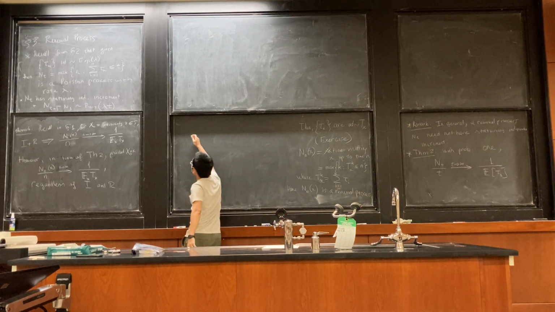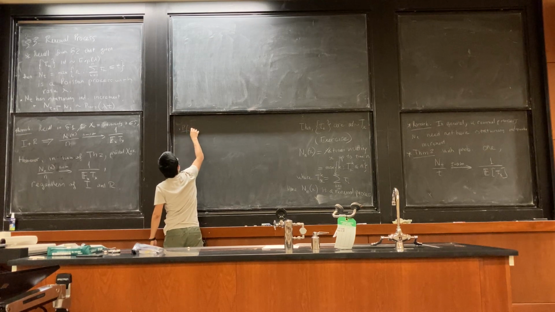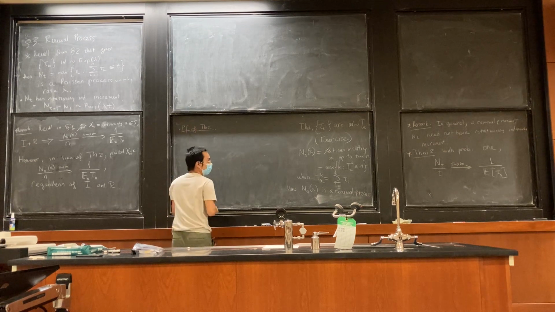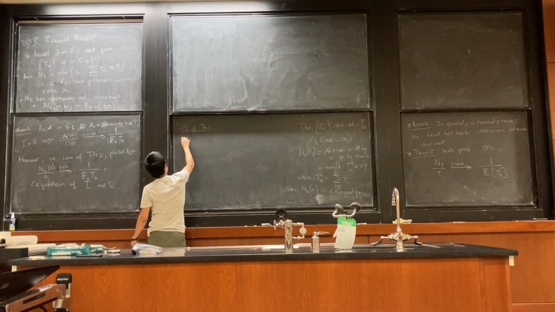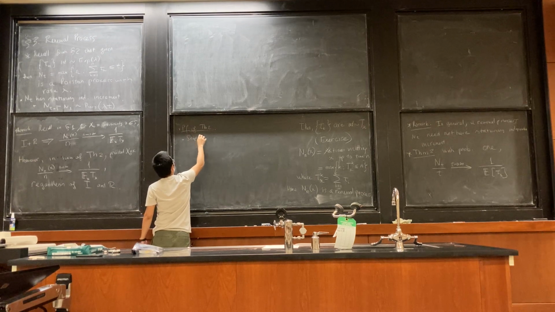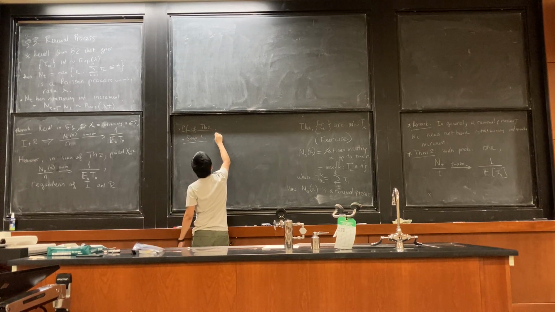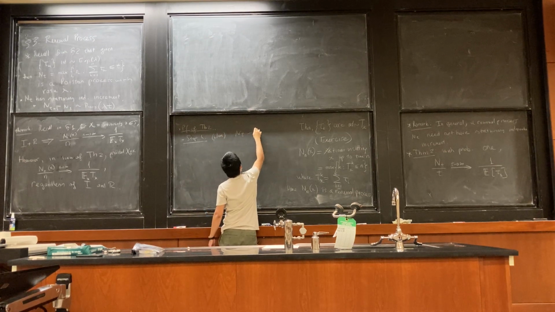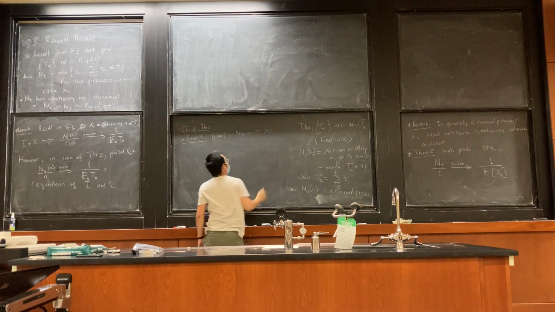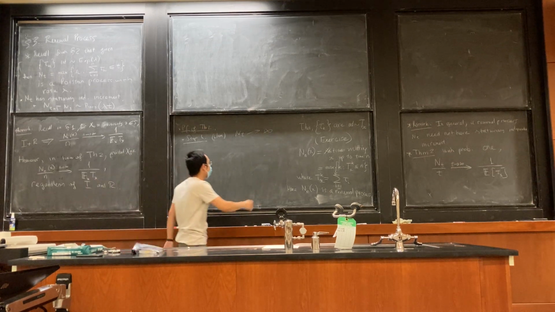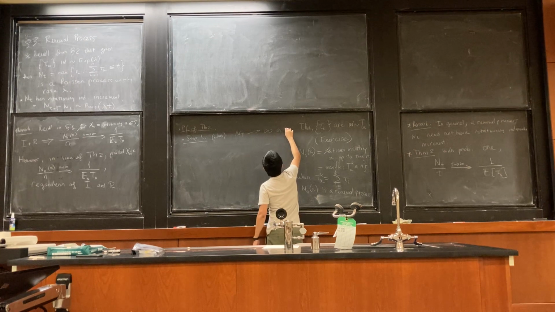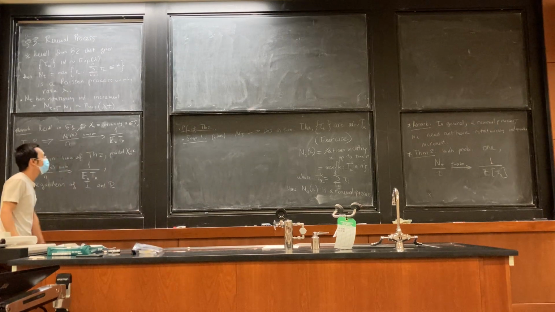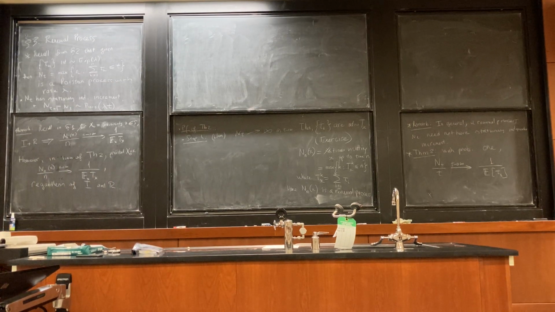Returning to the proof of theorem 2, step number 1 is a claim: N_t has to converge to infinity as t goes to infinity. Now why is that the case?